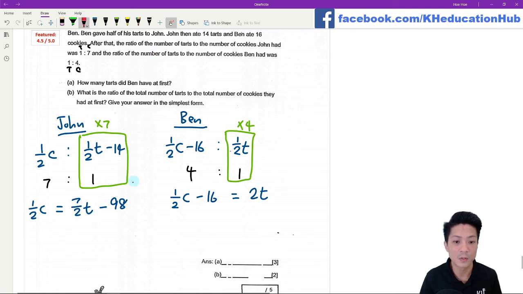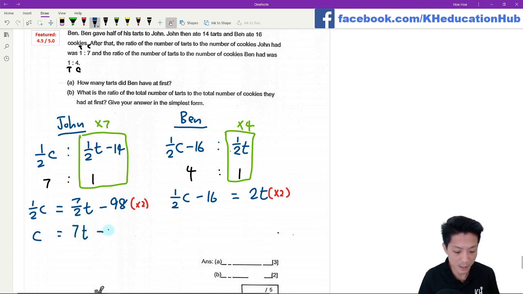Okay, the first thing that I'm going to do is multiply this whole equation by 2 so that I can get all the cookies equals to 7 times the tarts minus away 196.